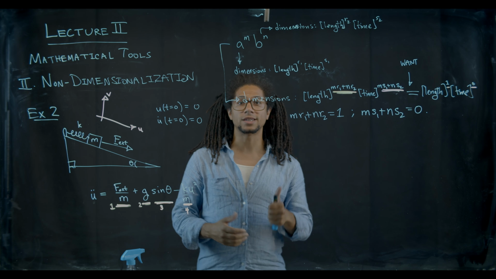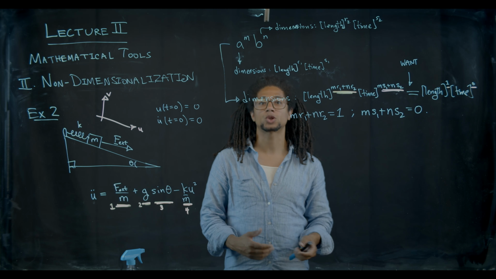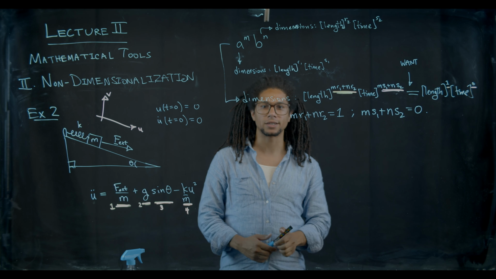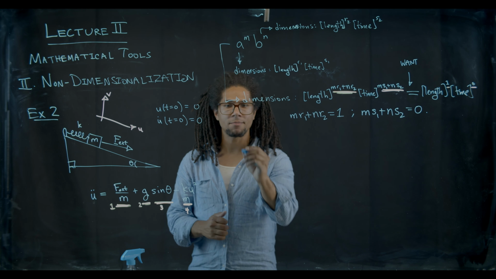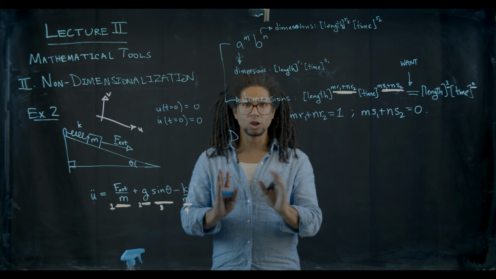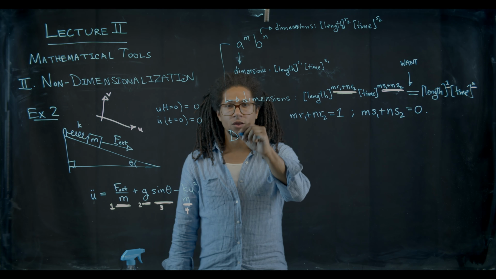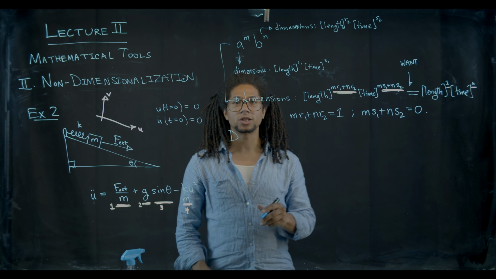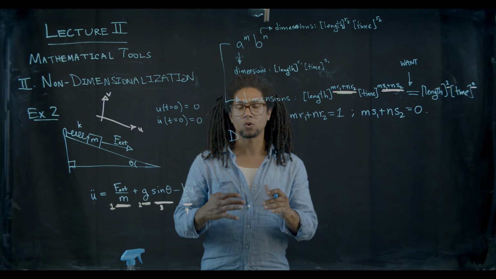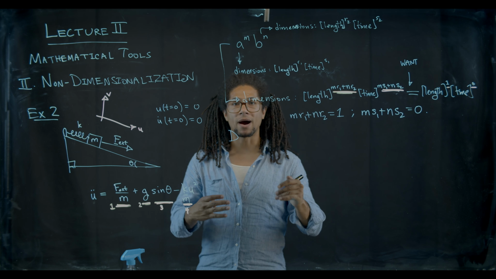The answer is that we can set up a matrix that solves this for us if we augment it. Okay, so I'm going to define my matrix D, and we'll use this matrix D for everything that follows. The rows of D are going to correspond to all of the possible units, or dimensions, I should say, that make up our constants.